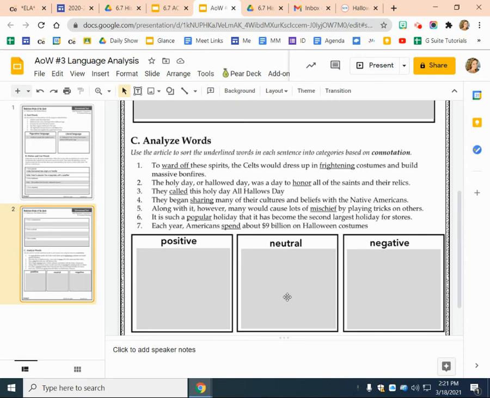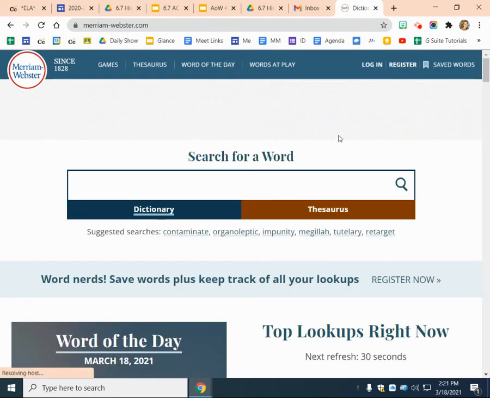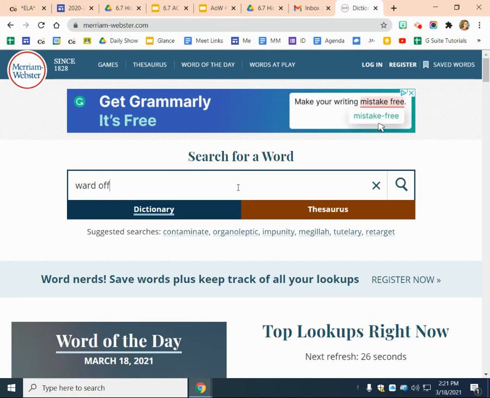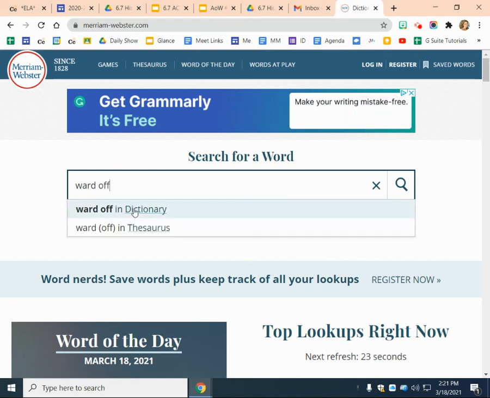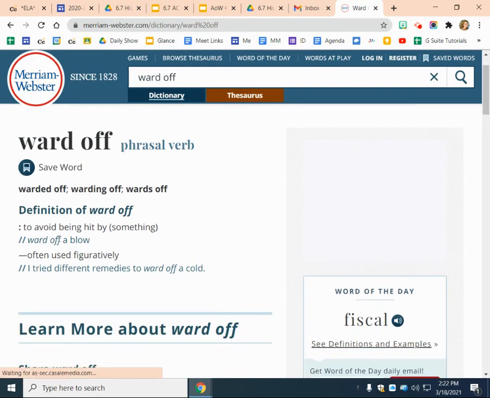Now, if you don't know what some of these words mean, what can you do to find out? I hope that you said, oh, I'll just use my awesome dictionary. So if you don't know what ward off means, to ward off something, you can look it up. It means to avoid something, to keep something away from you.